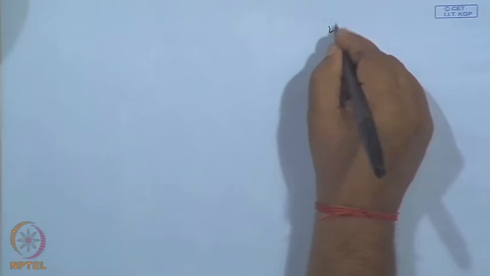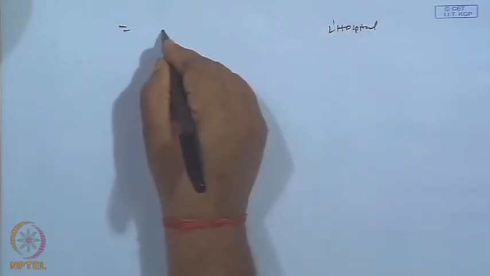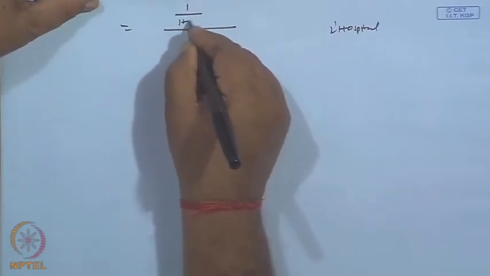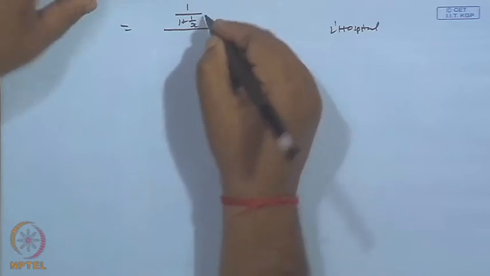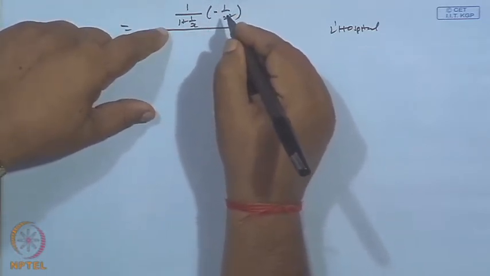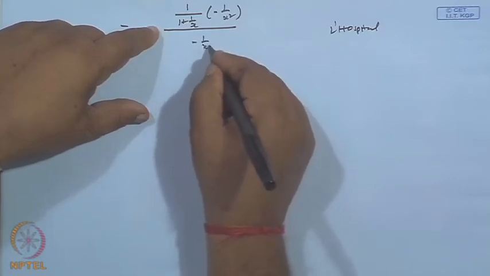And then apply now L'Hospital's rule. If we apply L'Hospital's rule, we differentiate the numerator. Numerator differentiation will give 1 over 1 plus 1 by x, and then the derivative of this will be minus 1 by x square, and then divided by minus 1 by x square.